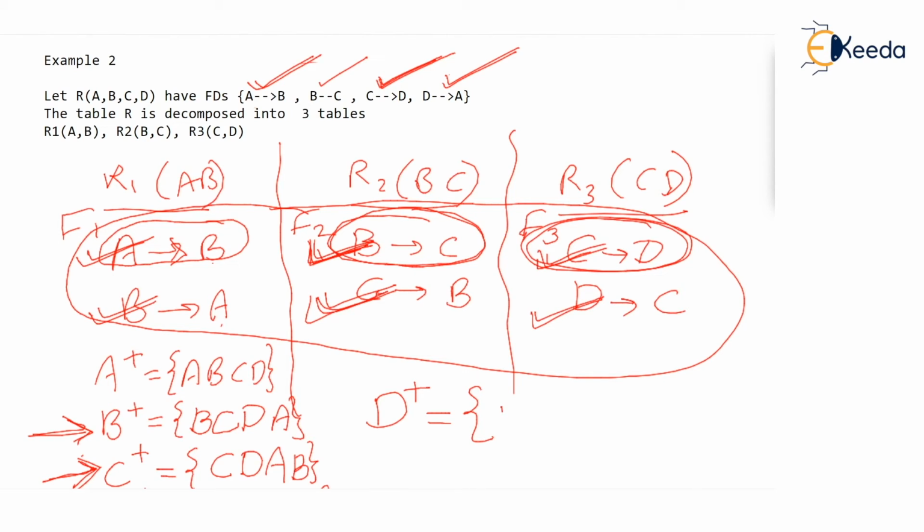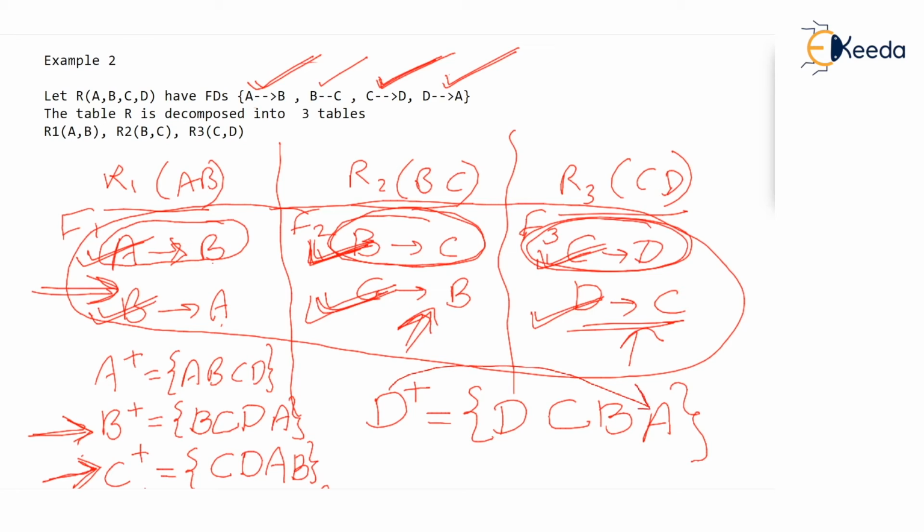It's going to contain D. And look here, this dependency, D determines C, will bring in C. Then this dependency C determines B will bring in B. And this dependency B determines A will bring in A. So very well, D closure contains A. Using all the 3 FD sets, F1 union F2 union F3, we can know that D determines A indirectly. So the 4th dependency is also satisfied. So this decomposition is both lossless and FD preserving.